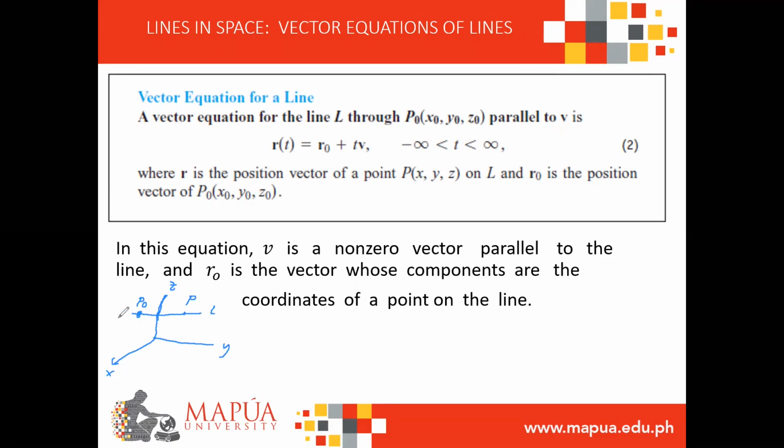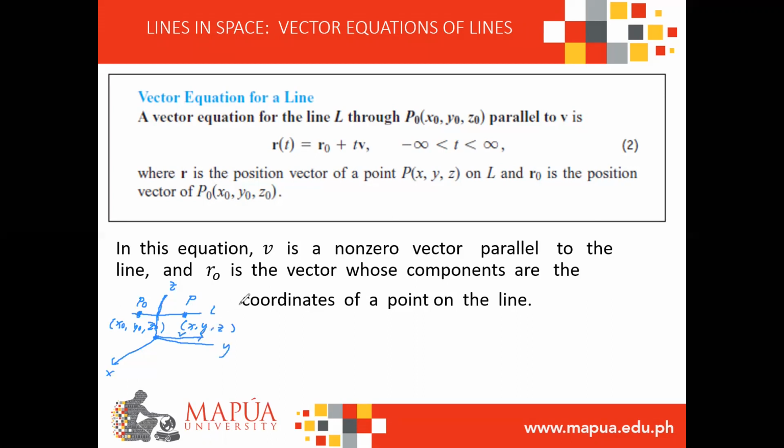For P sub 0, we have x sub 0, y sub 0, z sub 0, and for point P, we have the coordinates x, y, z. Then you have your vector v, whose initial point is at the origin, which can be drawn in this manner. It is parallel to your line L.